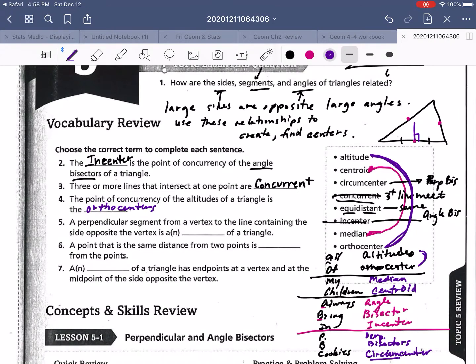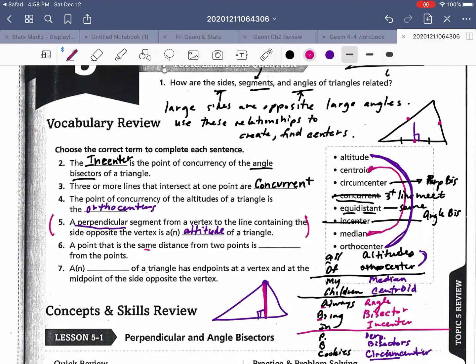A perpendicular segment from a vertex to a line containing the opposite side sounds like the altitude. It's a perpendicular from the vertex that makes a 90-degree angle. That's definitely our altitude, and it says nothing in here about cutting it in half. That's why it's not a perpendicular bisector.